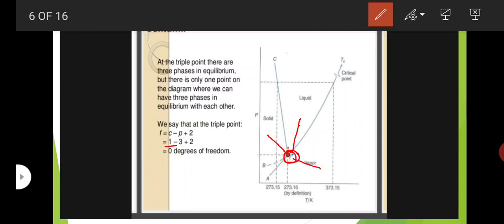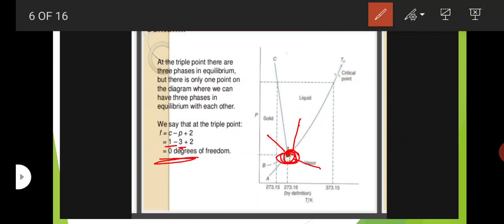P means number of phases. At this point the number of phases is 3: solid phase, liquid phase and vapor phase are at equilibrium. So 1 minus 3 plus 2. Here degrees of freedom value is 0.